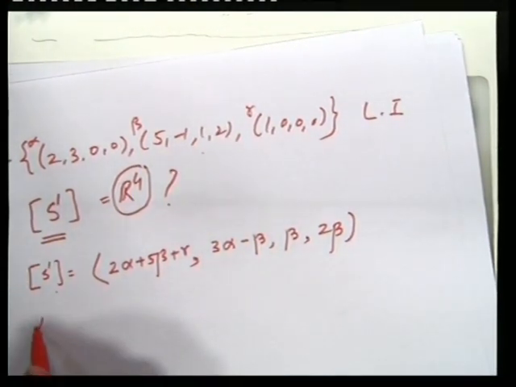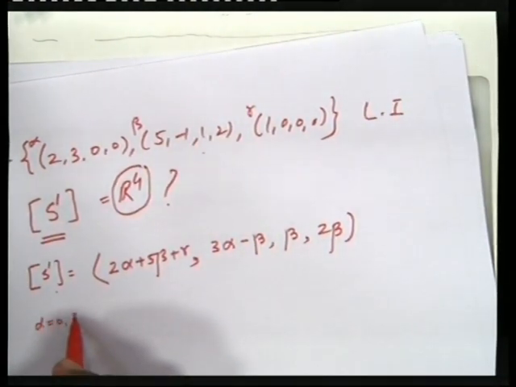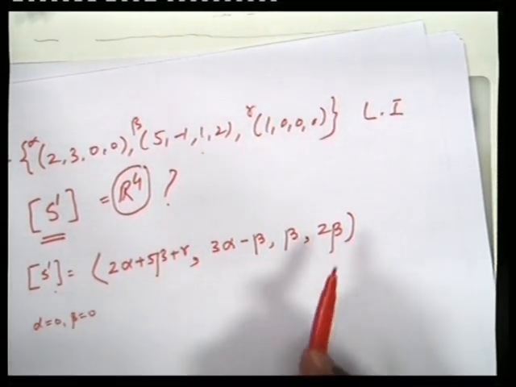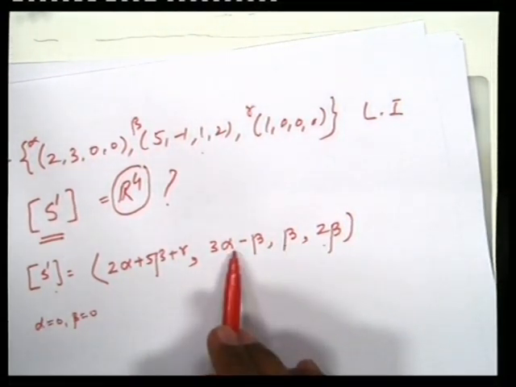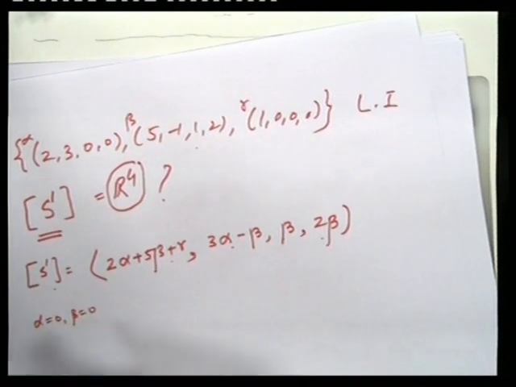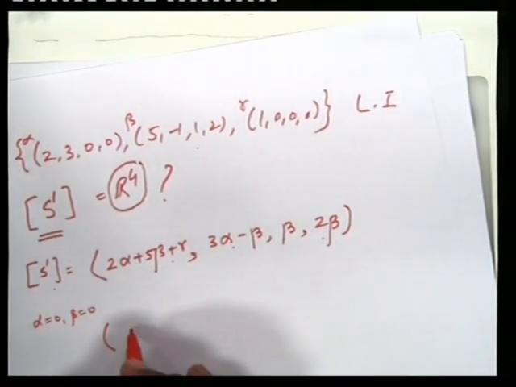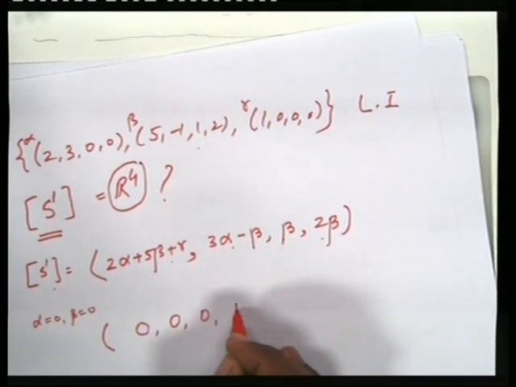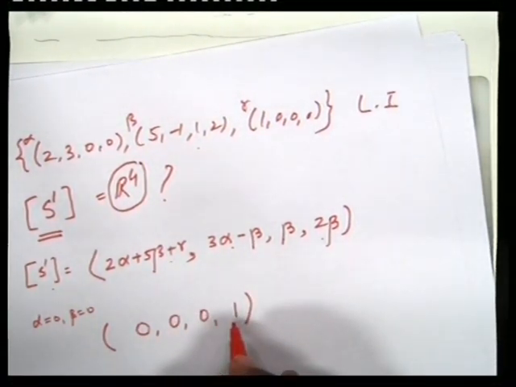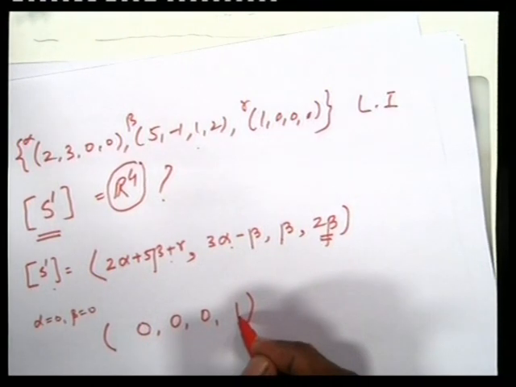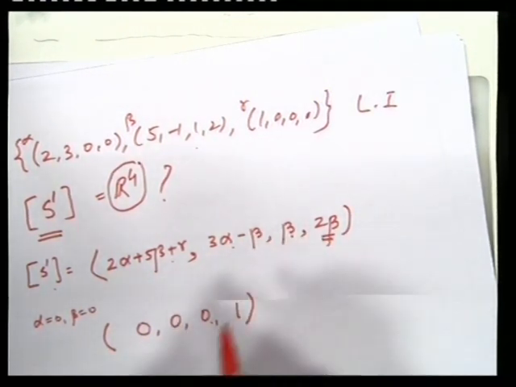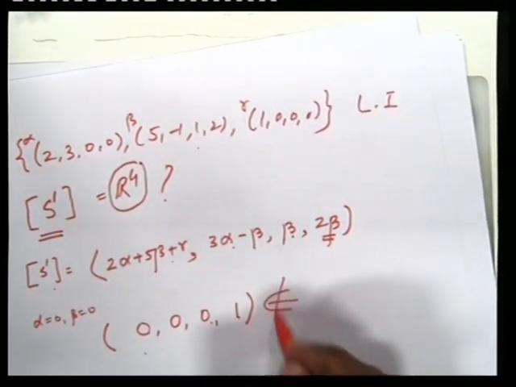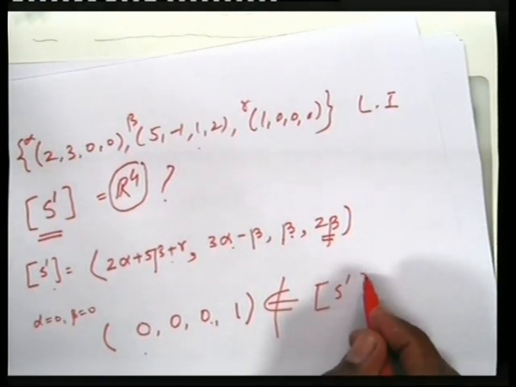If I take alpha and beta equal to 0, this will be (0, 0, 0, 0). But if I take (0, 0, 0, 1), then 2 beta equals 1, so beta cannot be 0. That means this vector is not a part of S dash.